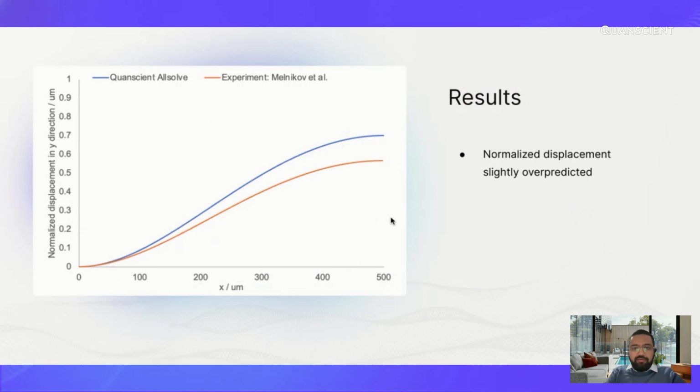And here you can see the orange plot from the paper, which is measured data, and on top of that is the blue curve, which is from the solver. We can see that the displacement is slightly over predicted, but that could just be because of the mesh, because I probably didn't use a sufficiently fine mesh. So I mean, we would consider this a reasonable match in this case.